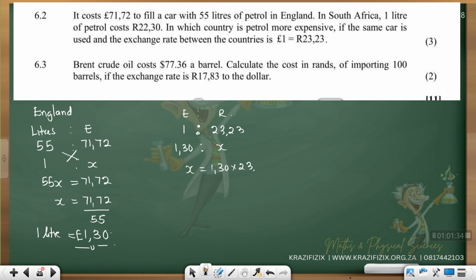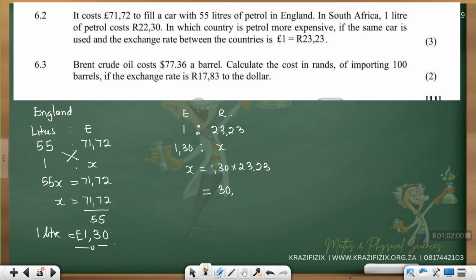Do you want to give me an answer to this quickly? So 1 litre would cost this amount. Come on, man. Yes, answer? 30,1.